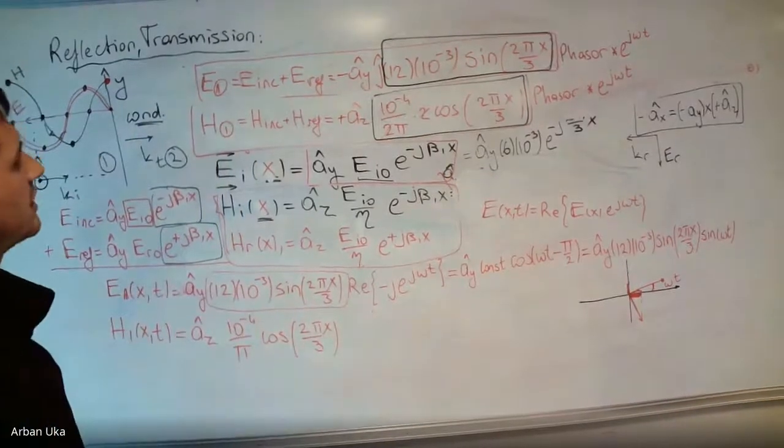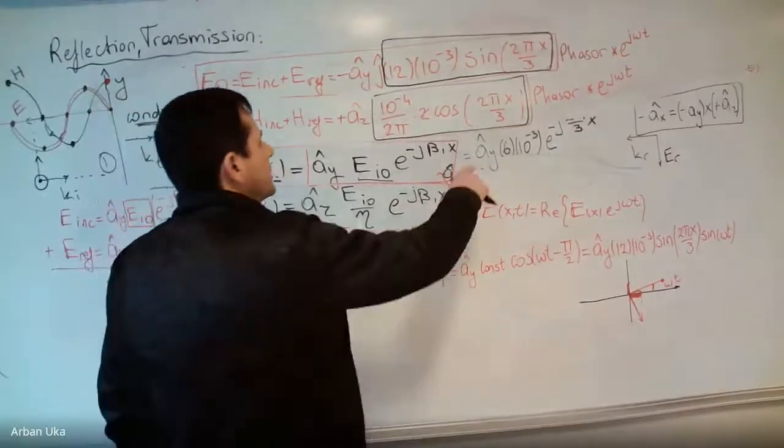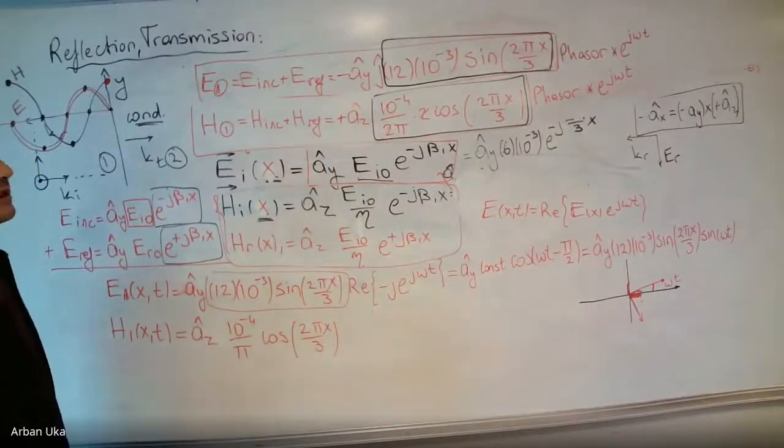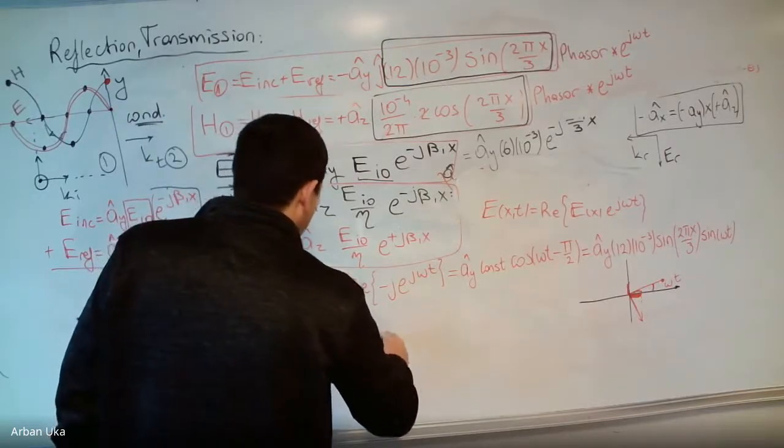Times, what do we have here? The cosine of, so what do we get from here? So if we multiply with e to the power j omega t, what is the real part of e to the power j omega t? Cosine omega t. That's true. So we can simply say here, cosine omega t.